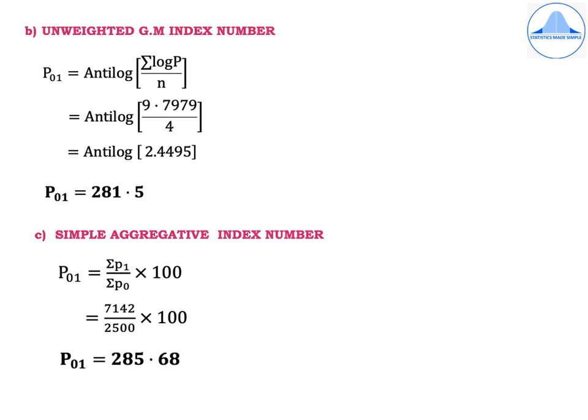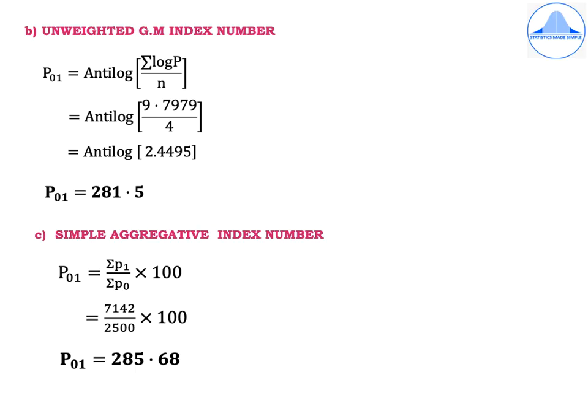Second subdivision, unweighted geometric mean index number. Write the formula P01 is equal to antilog summation log P by n, which is equal to antilog 9.7979 divided by 4, which is equal to antilog of 2.4495, or P01 is equal to 281.5.